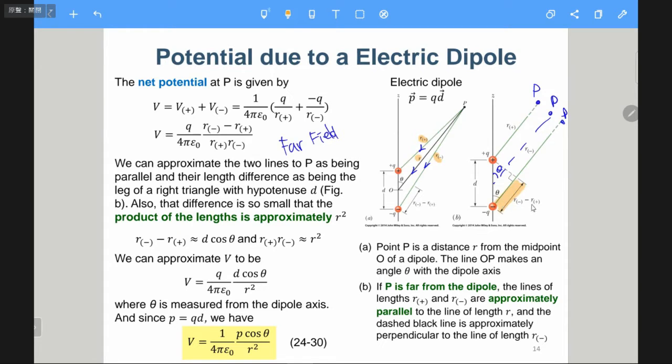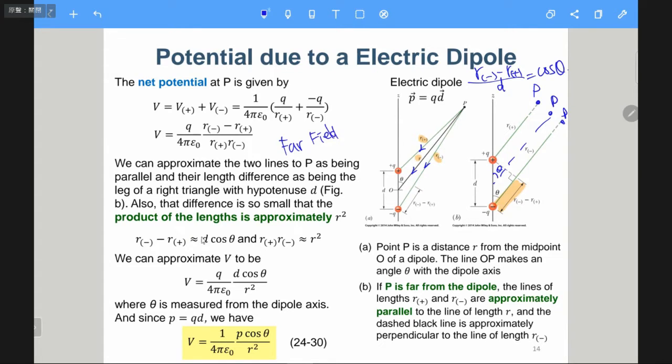Using the trigonometry you learned in high school, this is d, this is theta, so R minus minus R plus divided by d will be cosine of theta. So R minus minus R plus is d cosine theta.